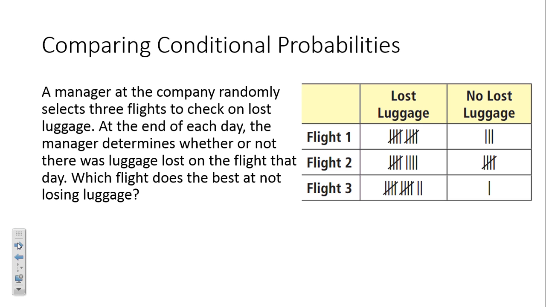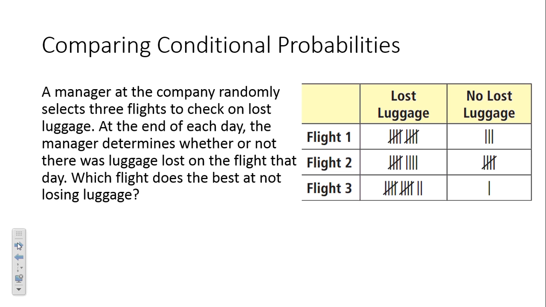Comparing conditional probabilities. So we have a manager of a company, like an airline, and they're worried about lost baggage. So they check the flights every day to see how many flights had lost luggage and how many had no lost luggage. Okay. And they use a tally system. The baggage handlers reported lost luggage 10 times on flight 1 and no lost luggage 3 times.